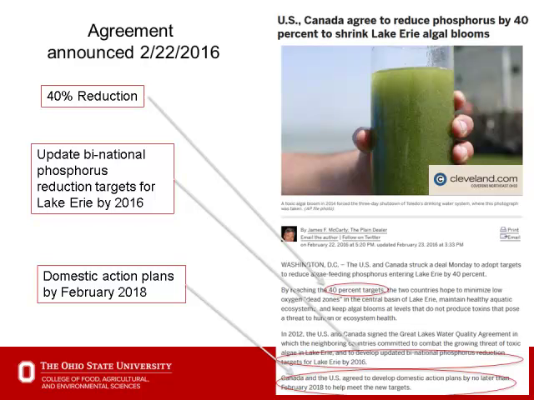The thing that you want to note here is that there is a domestic action plan, which is basically what the state of Ohio is currently working on to come up with the action plan that leads to that 40% reduction from the state of Ohio. And by a year from now, that plan is going to be out. So I think we need to continue to be a part of that conversation and continue to be working with EPA, who's providing the leadership to that development, so that we understand what agricultural concerns are being addressed and what targets are being placed in there from an agricultural standpoint.